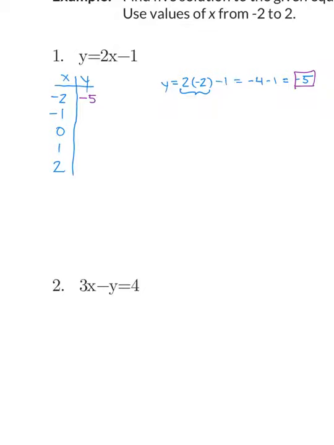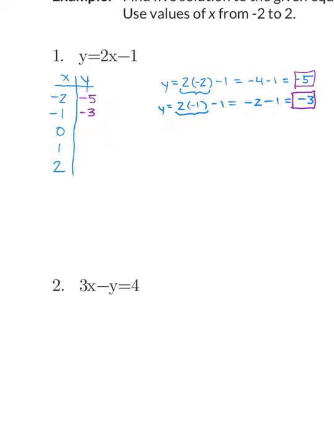And I want to do the same thing with -1. So I get y equals 2 times -1 minus 1. I can multiply 2 times -1 to give me -2 minus 1. And if we combine this, we get -3. Again, same signs. We add and keep the sign. So this is my y value, and I'm going to record that in my table.